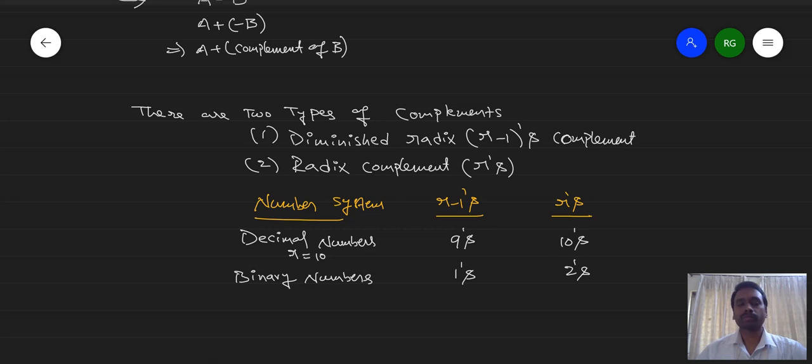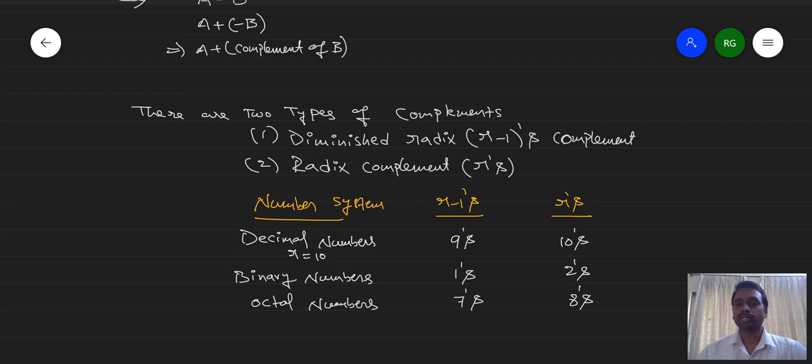Similarly, for octal numbers, the r minus 1's complement is the 7's complement, and the r's complement is the 8's complement.